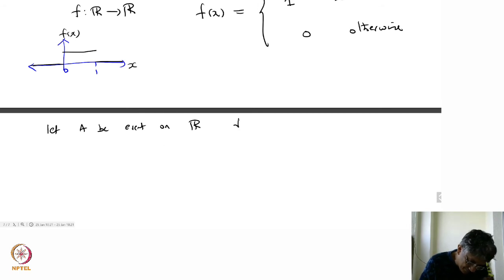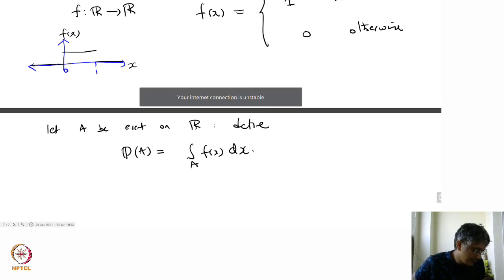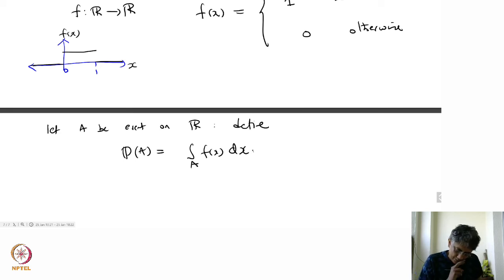Then I define the probability of A to be equal to the integral over A of f of x dx. That's how I want to define it. So I define the probability of an event A as the integral over A of f of x. That's the definition.